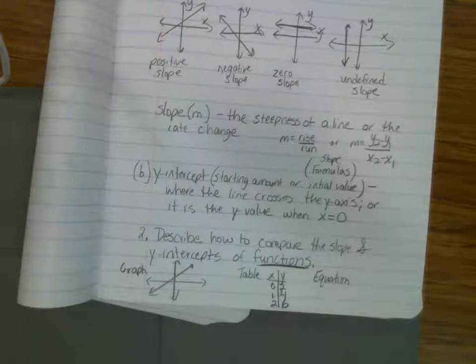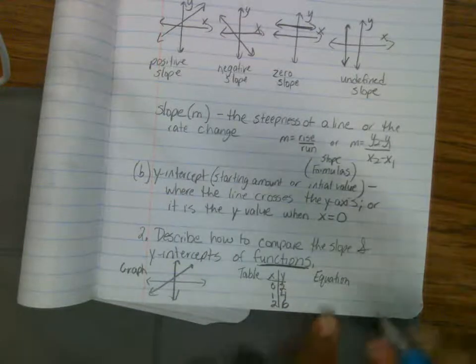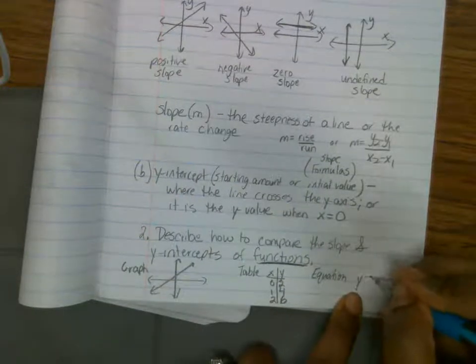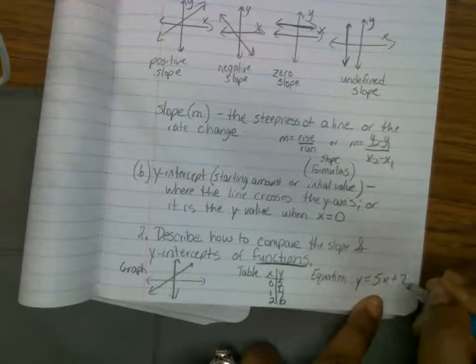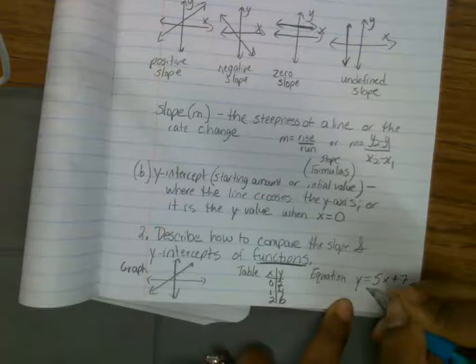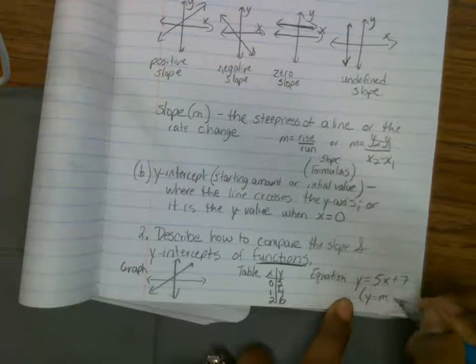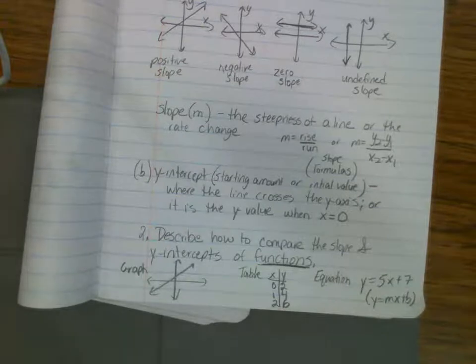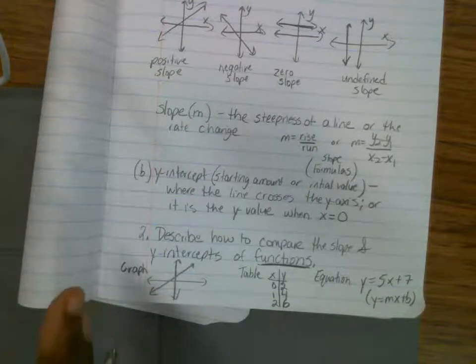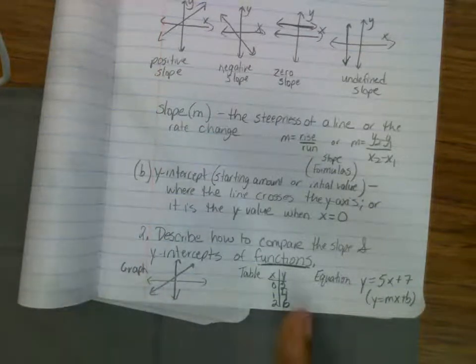An example of what an equation looks like: y is equal to 5x plus 7. Remember, this equation is in y equals mx plus b form, slope-intercept form. So functions can look like a graph, a table, or an equation.